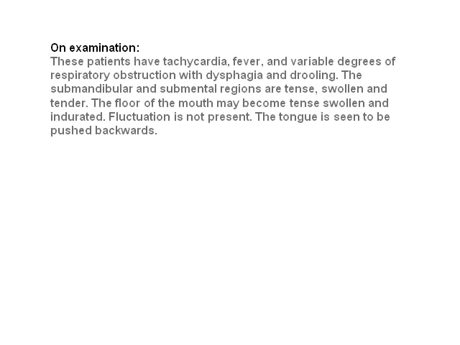These patients are febrile, and on examination they have tachycardia, fever, variable degree of respiratory obstruction with dysphagia and drooling. The submandibular and submental regions are tense, swollen, and tender. The floor of the mouth may become tense, swollen, and indurated. Fluctuation is not present and the tongue is seen to be pushed backwards.